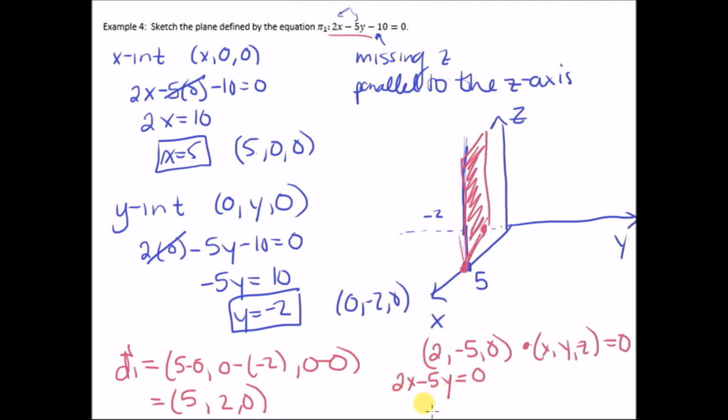We can actually use the direction vector (0, 0, z), because 2 times 0 minus 5 times 0 equals 0. For that z value, we can sub in any number, since if we put plus 0z, we can sub any number in for that z, and it will still equal 0. So (0, 0, 1), that would be another direction vector. Let's call that direction vector number 2, just if you need to go a couple of steps further.